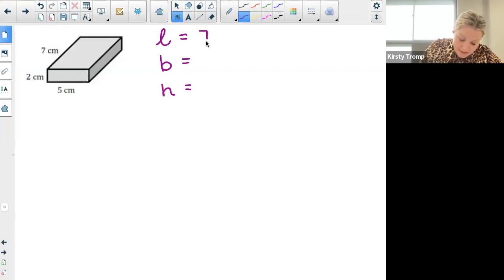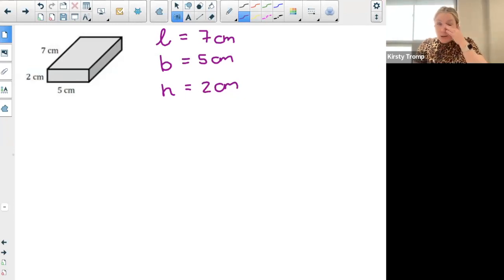I'm going to say my length equals 7 centimeters. I'm going to say my breadth equals 5 centimeters. And I'm going to tell myself that my height equals 2 centimeters. So I've got 3 measurements there, guys. I've drawn those 3 measurements out for myself just to help myself out a little bit, okay? And so I can see everything a little bit better now, all right?